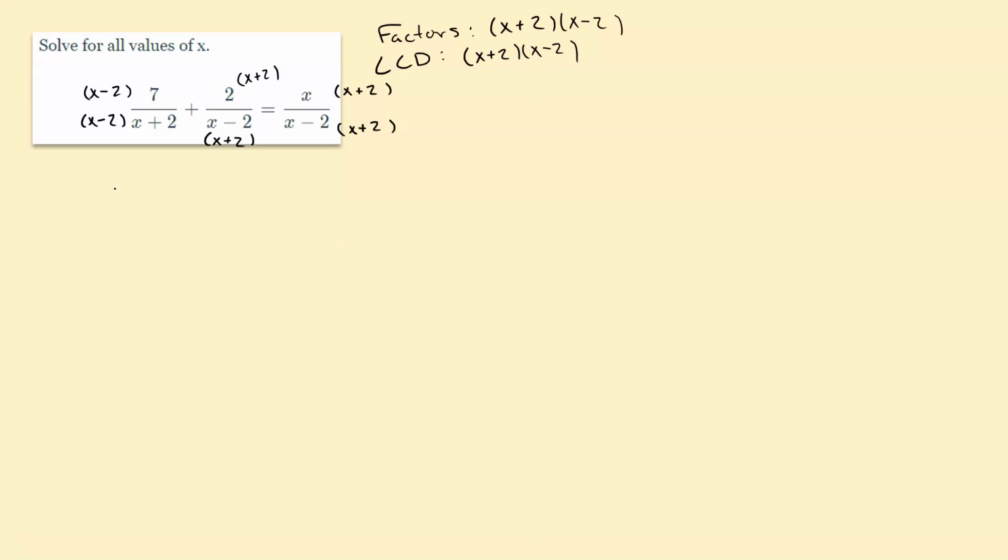So 7 times x minus 2 is 7x minus 14. Two times x plus 2 is 2x plus 4. And then x times x plus 2 is x squared plus 2x.